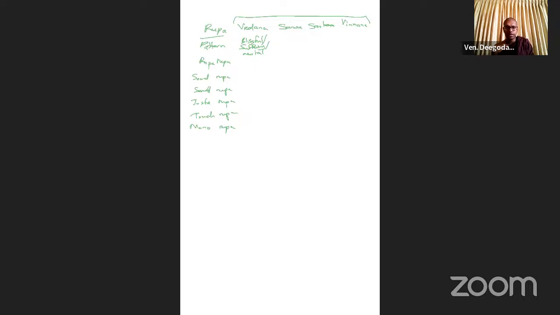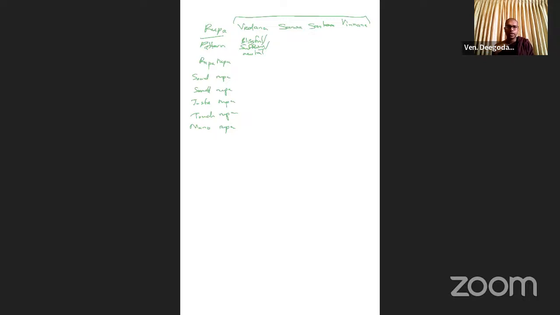So this applies to all the 6 components of Rupa. So we can say Rupa Vedana, Sabda Vedana, Gandha Vedana, Rasa Vedana, Pottabha Vedana, and Mano Vedana.